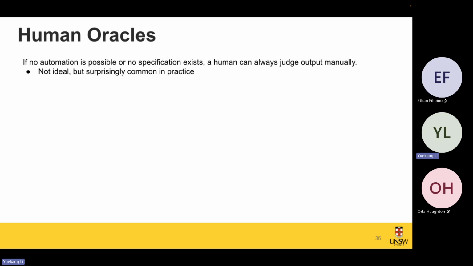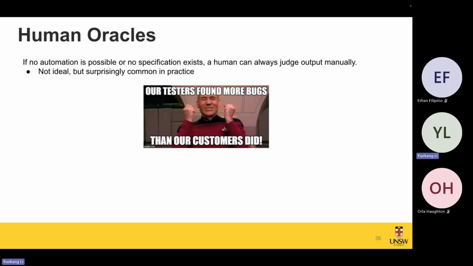But previously, without these, we have to involve humans to check for correctness. So that's why we can always fall back to use humans as the judge for checking the output. And sometimes the customers are the final humans to find the bugs. That's the most unfortunate case.